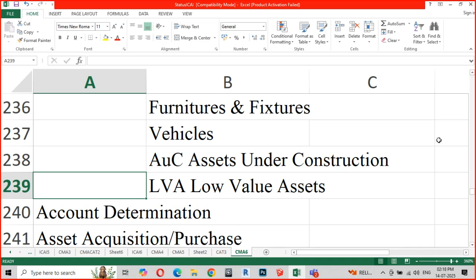I can treat them as a P&L account. I can treat them as expenses and write them off in that particular year itself. I can take it as a cost. I can absorb it. This is your low value assets, where for less than a specific value of an asset, I need not capitalize.